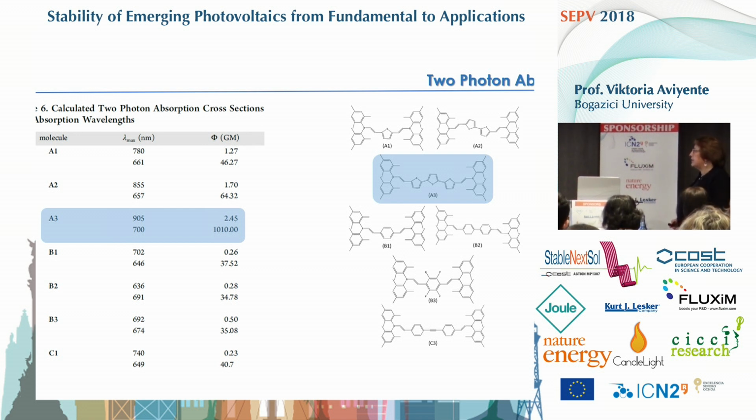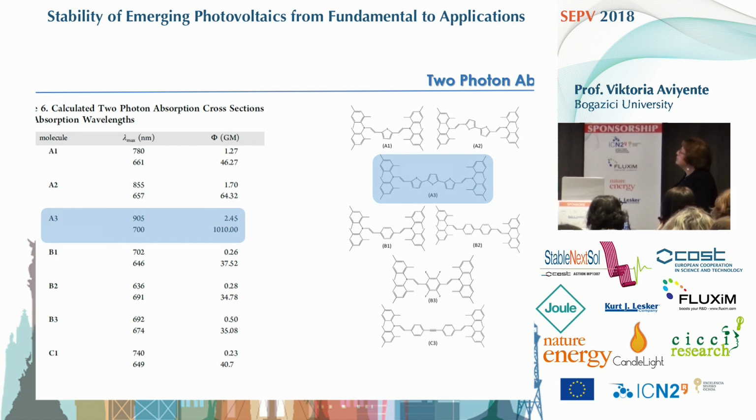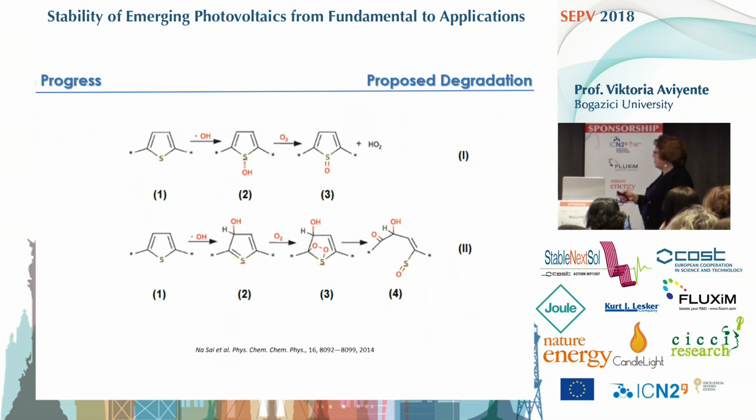So this was a nice finding, and we want to see how the degradation process occurs for this polymer. Is it comparable to the others or different from the others, and why is this cross-section as high as it is? This is what we plan to do in the very near future.